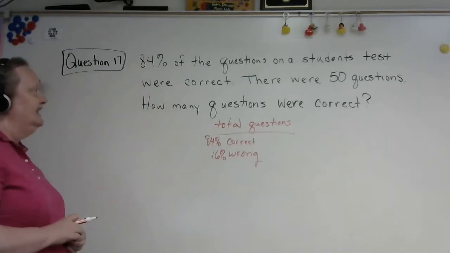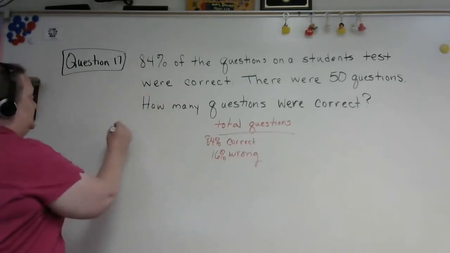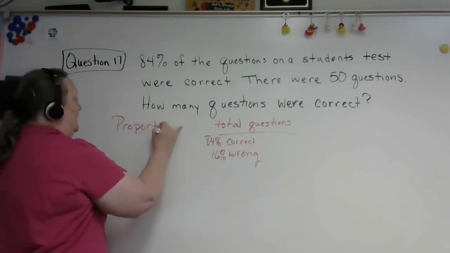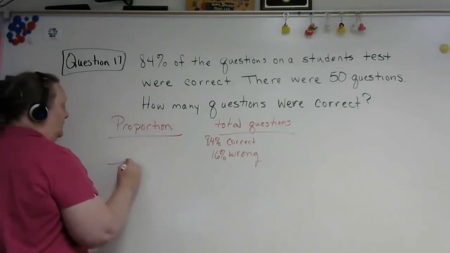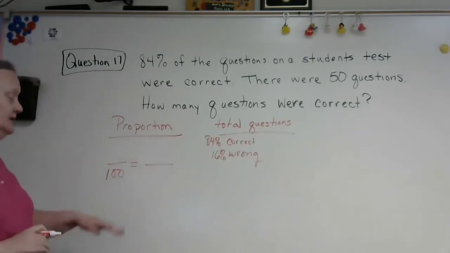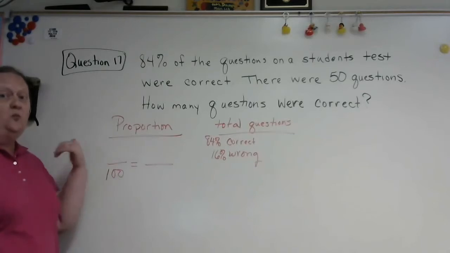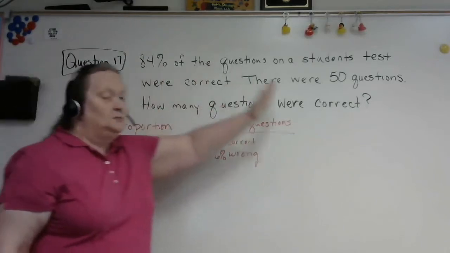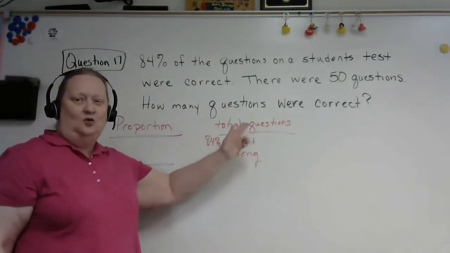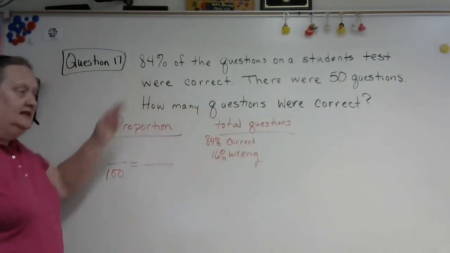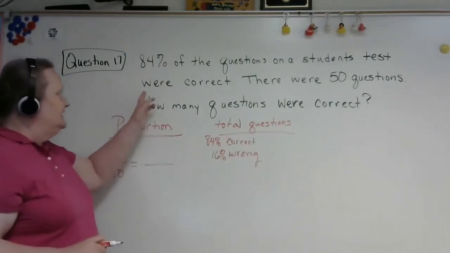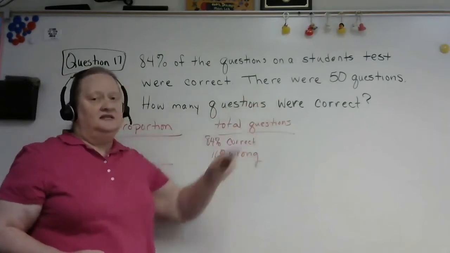In this case, let's do this one with proportions to start out with. With the proportion method, we're always going to start with two fractions, one of which will be written over 100, and we'll be dealing with the percent. So what is the percent in my problem? Well, it's not looking for the percent, because that's how many questions, but it gives us the percent of 84%. Then we've got to decide, there is another number here, which is there were 50 questions.